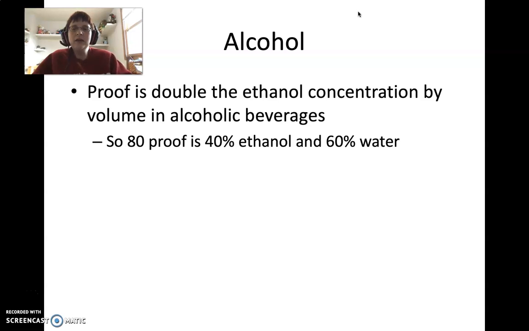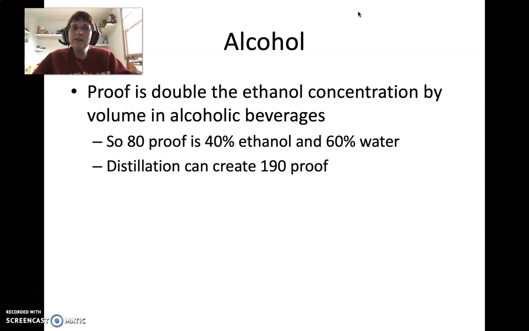So if it says it's 80 proof, that beverage is 40% ethanol and 60% water. Now you've got a little bit of extra information to impress people with. For example, if it's 100 proof, it's 50-50.